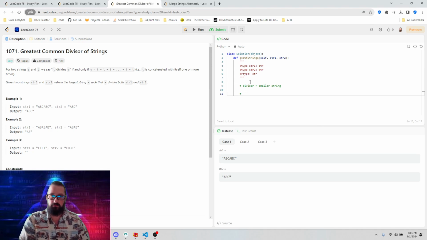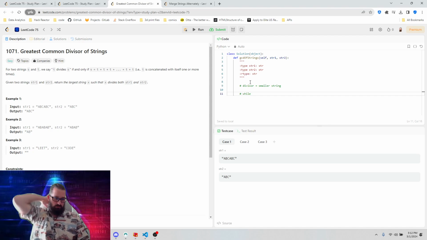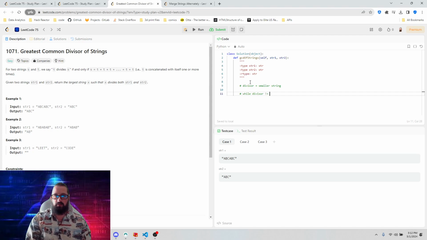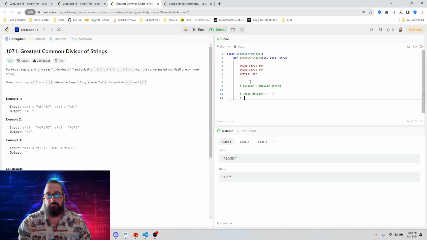And then while, I want to return the largest string, so as soon as I find that string that divides both, I can get out of here, which means that while divisor not equals empty string, okay, so I've got this string, call it ABAB.